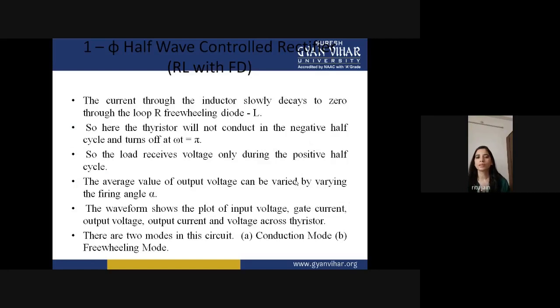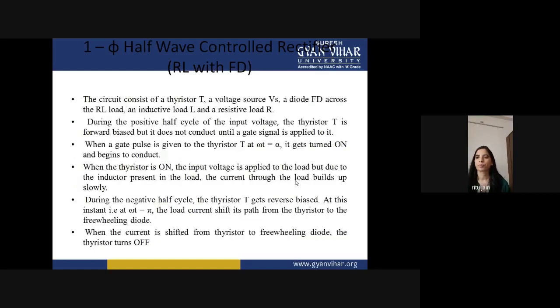So we can see that the circuit consists of a thyristor T and a voltage source Vs, a freewheeling diode across the load, an inductive load L and a resistive load R. During the positive half cycle of the input voltage, the thyristor T is forward biased, but it does not conduct until a gate signal is applied to it.